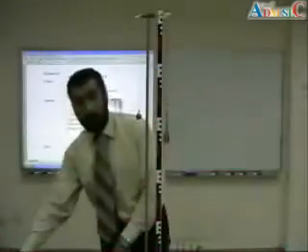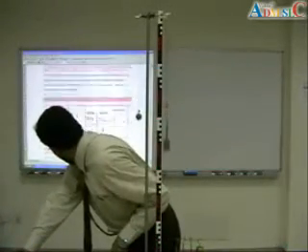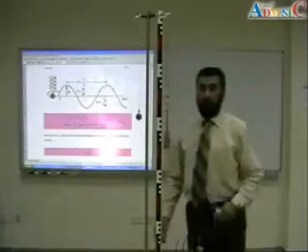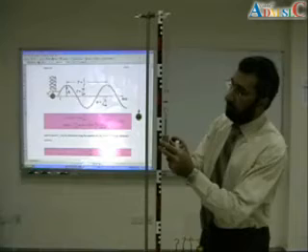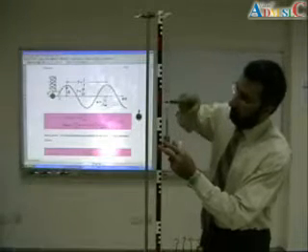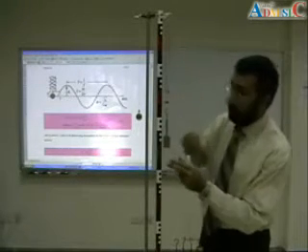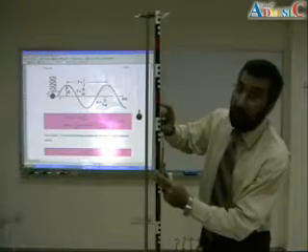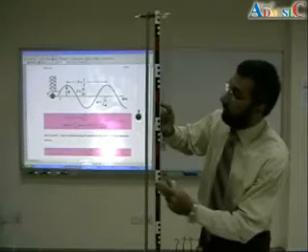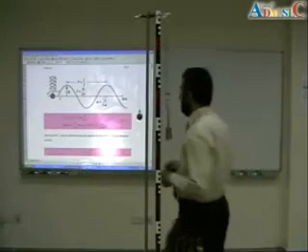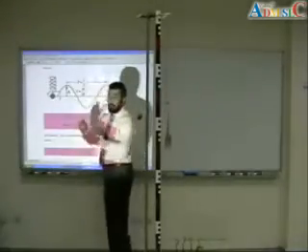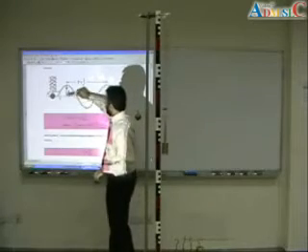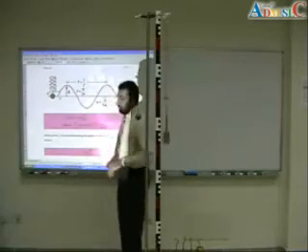Some concepts here are very important, and we should take them into account. You see here, this is the equilibrium point. So this represents the amplitude. A represents the amplitude, the maximum displacement from the equilibrium point, sometimes up, sometimes down.